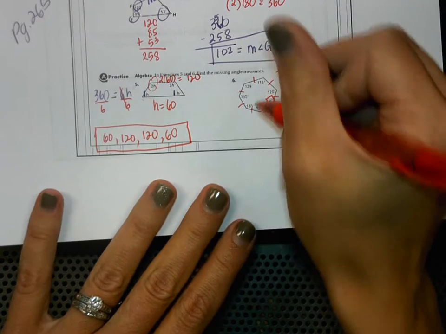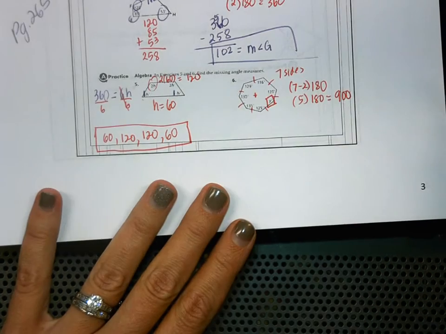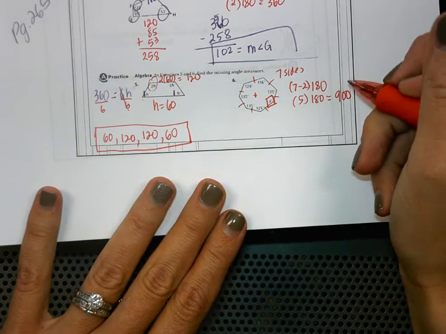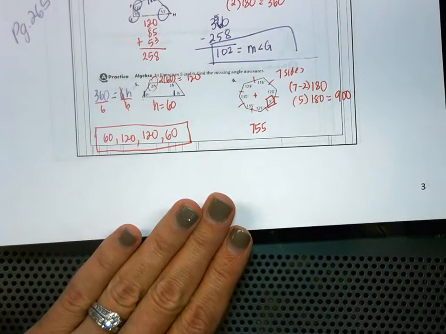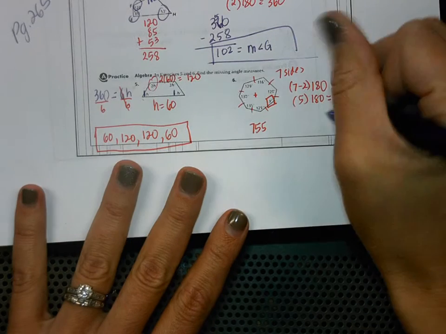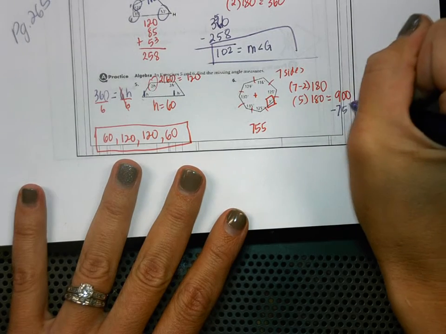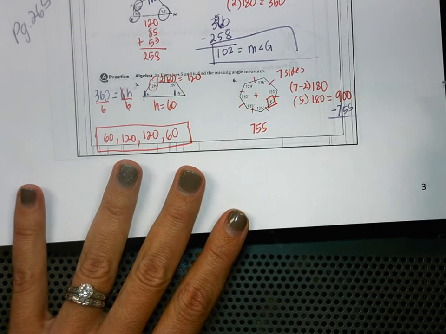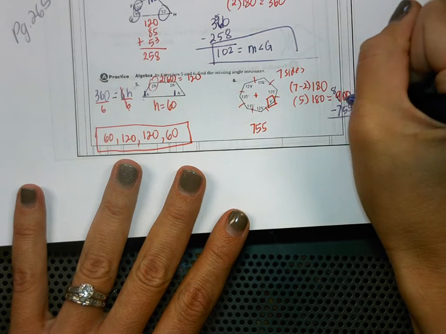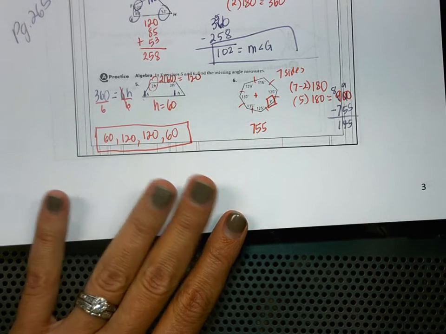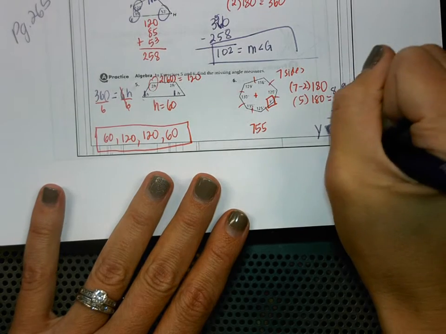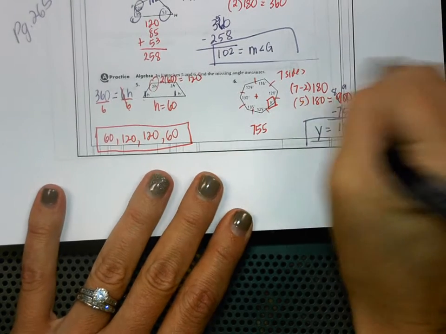Subtract it. So if I add all those together, what did it end up equaling? 755 is correct. And so to find our missing angle, we go 900 minus 755. And we end up getting 145. So that means that y equals 145.